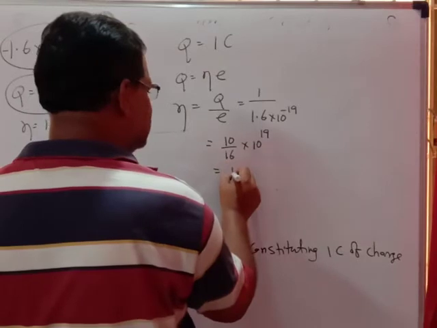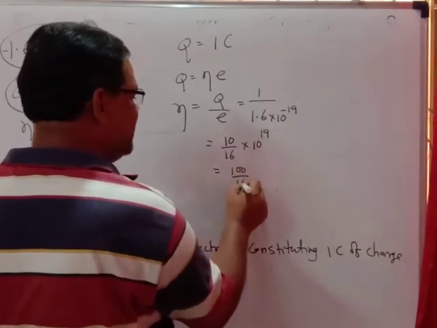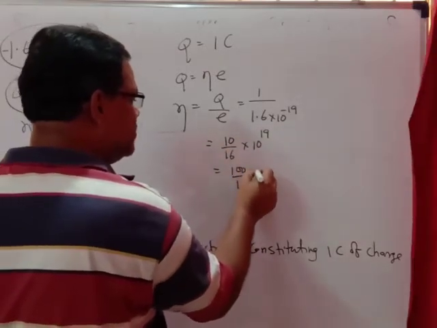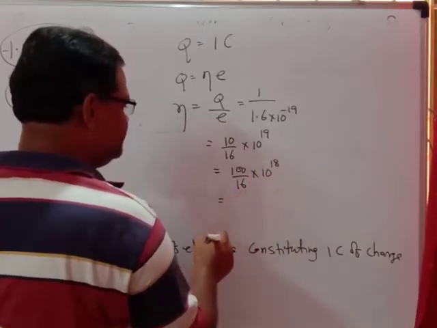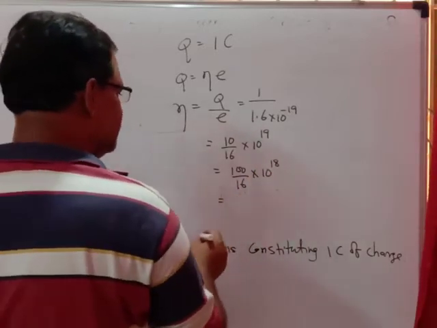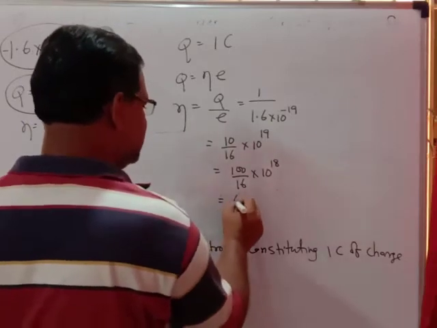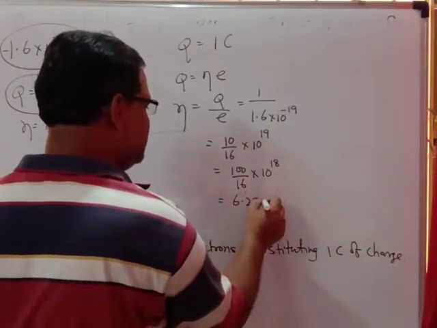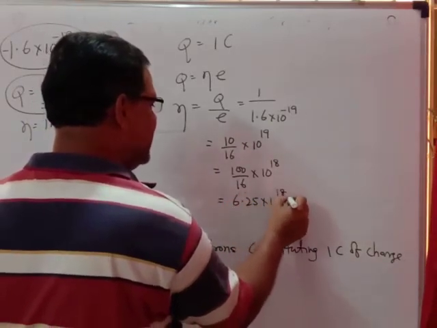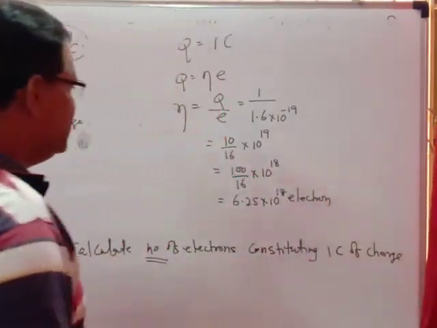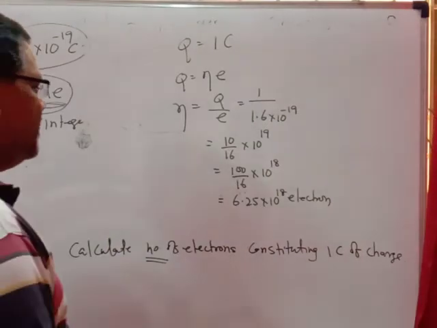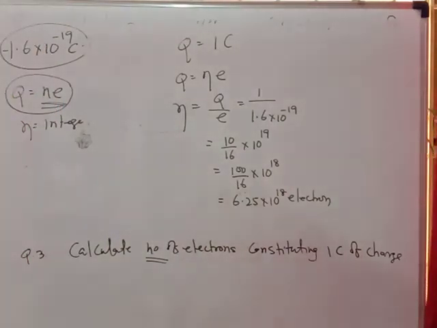Now we can write it as 100 upon 16 into 10 to the power 18, which equals 6.25 into 10 to the power 18 electrons.